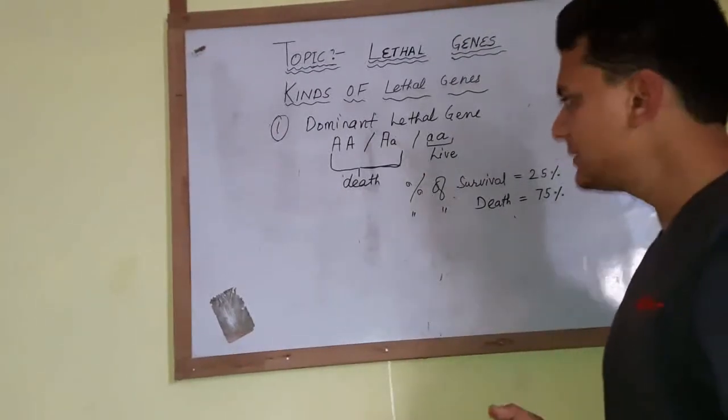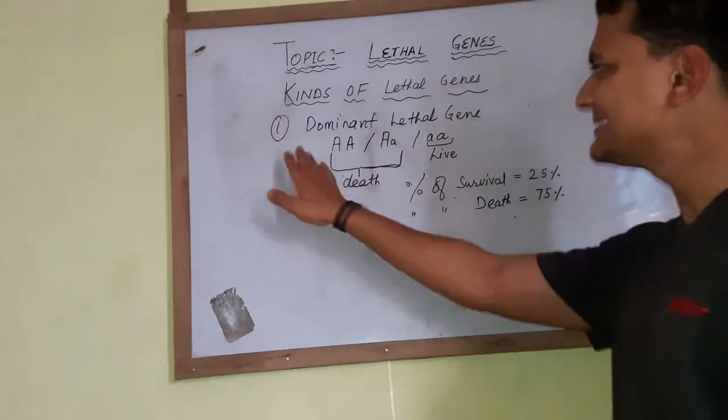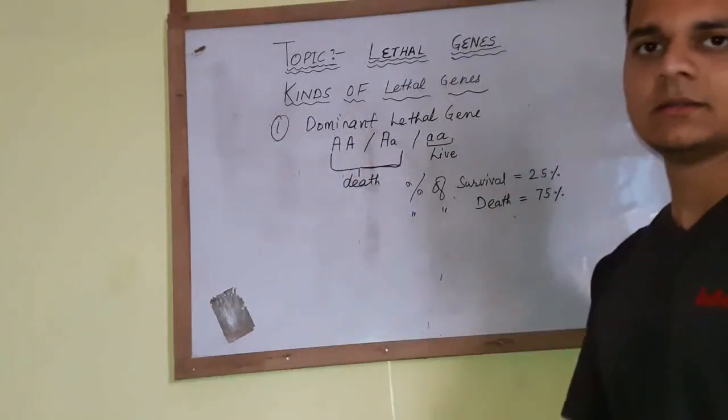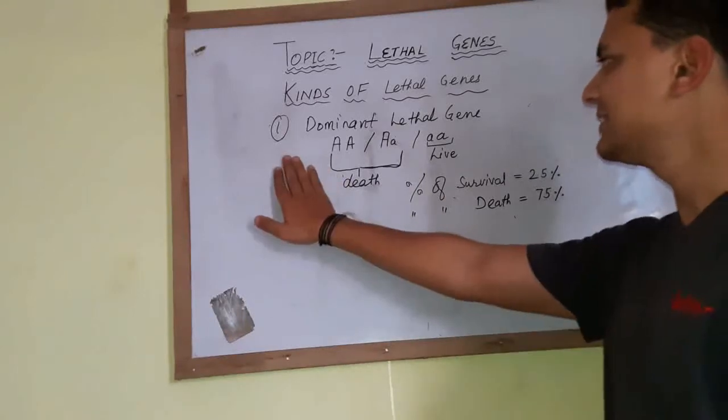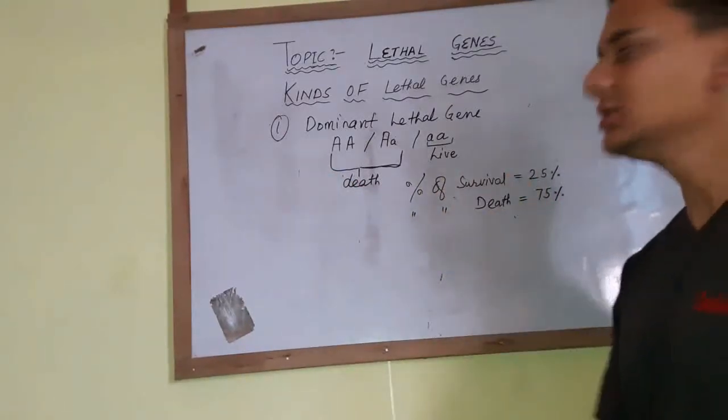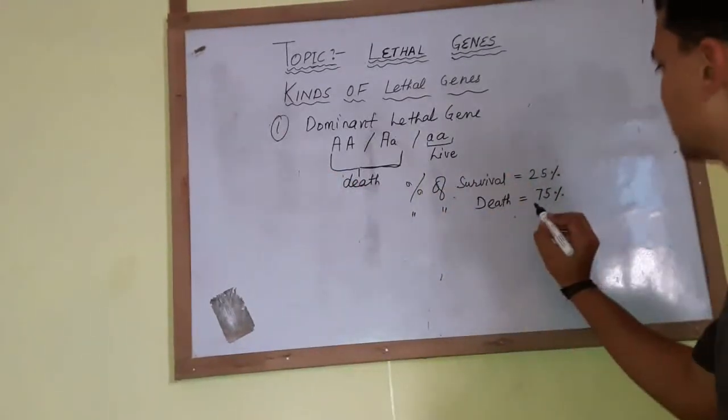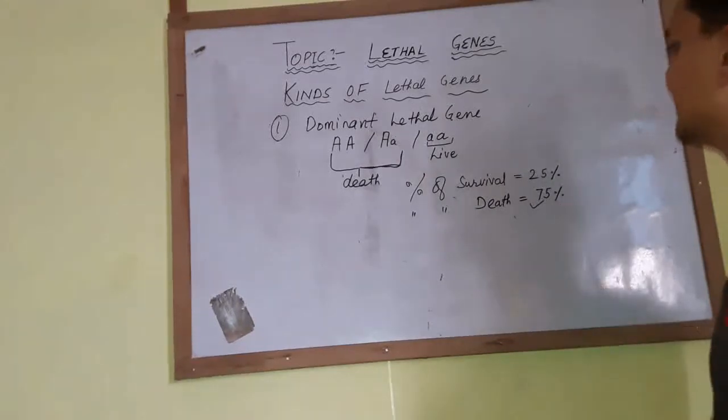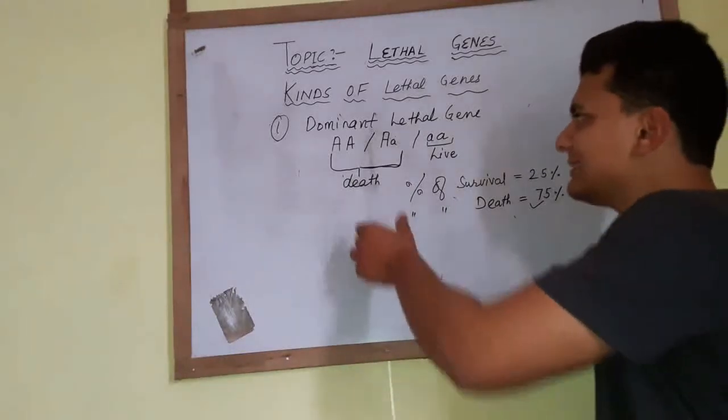So we will say it is a less safe case, because 75% of the offspring are going to die. So this is the dominant lethal gene.